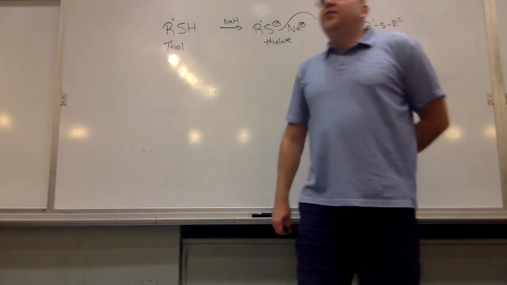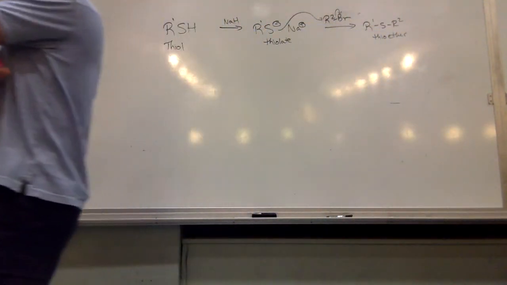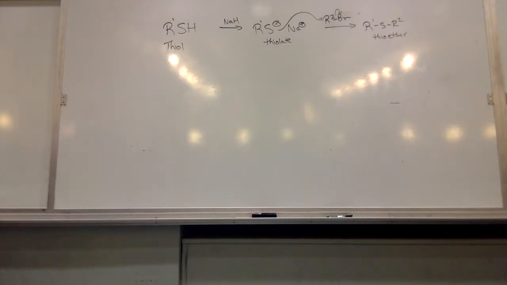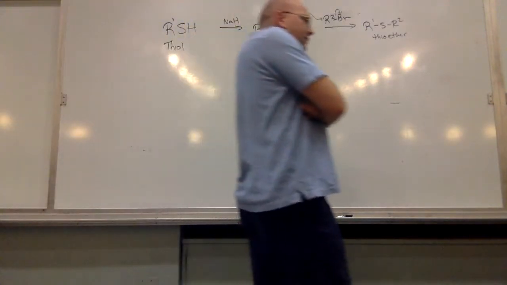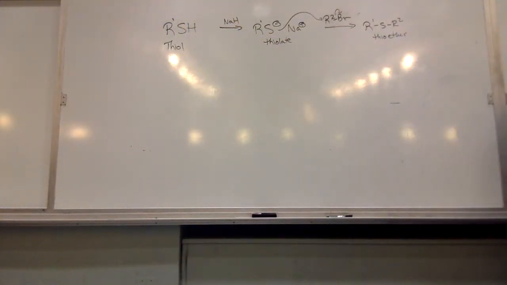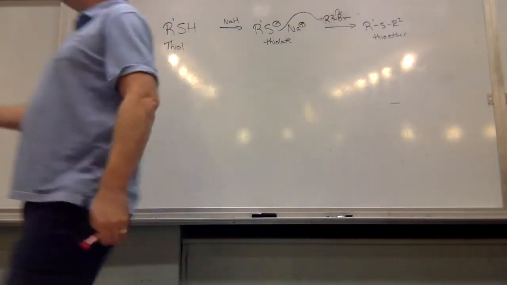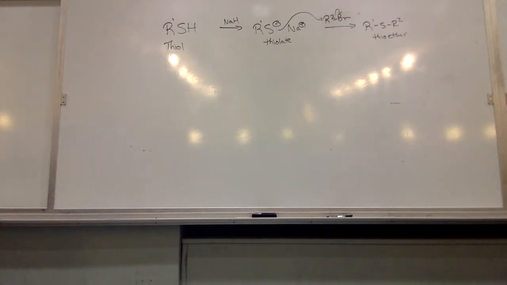Now, one of the differences between thioethers and ethers is that, as we've spoken about the octet rule, when we're talking about the octet rule, we're really only talking about the second row: boron, carbon, nitrogen, oxygen.